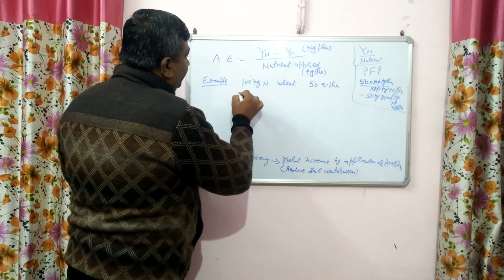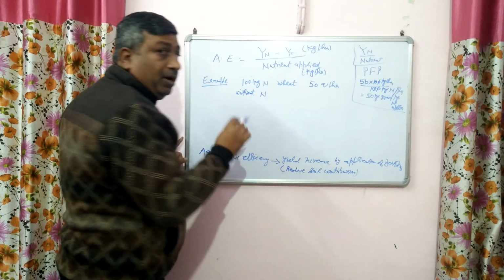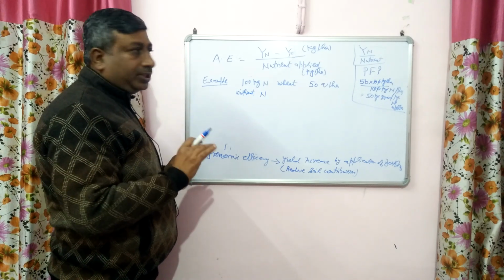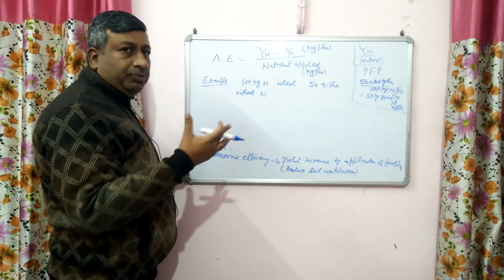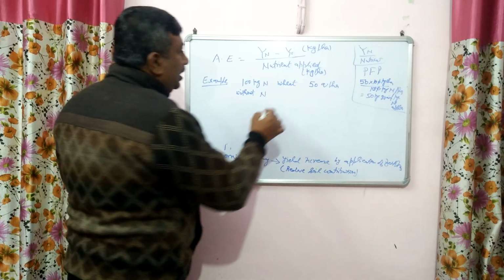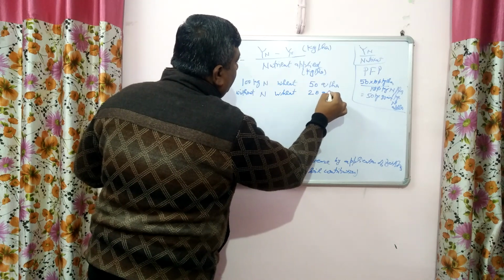Okay, and without nitrogen, only without nitrogen, we will supply all the nutrients except nitrogen, because our interest is in calculation of nitrogen. Okay, so without nitrogen we will supply phosphorus, potassium, other nutrients, but we will not supply nitrogen, totally dependent on soil nitrogen. And wheat yield is suppose 20 quintal per hectare.